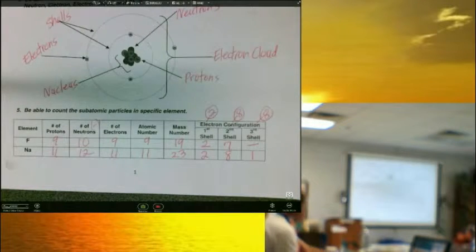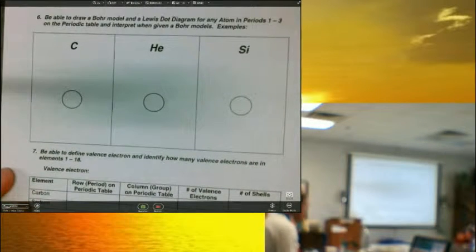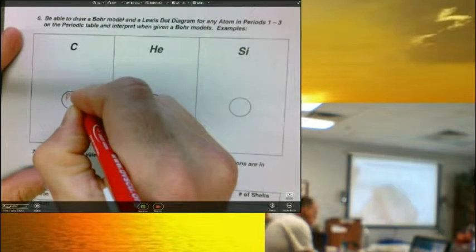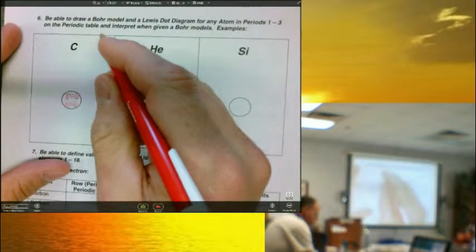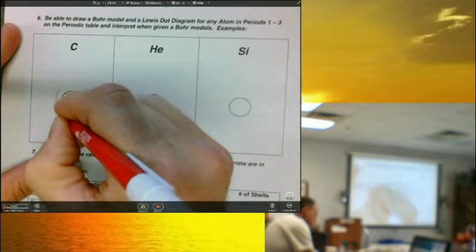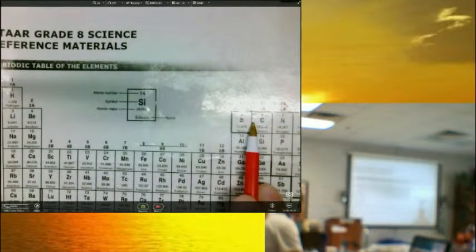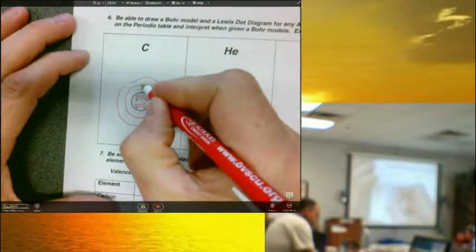Okay, on the back, you should be able to draw Bohr models and Lewis dot diagrams. Again, using your periodic table, you would find out that the protons are 6 and the neutrons are 6 for carbon. Carbon is in row 2. Therefore, it has 2 shells. If you don't remember how to do that, carbon is here. So you have to go across, and that 2 right there tells you there are 2 shells. 2 electrons can go in the first shell.